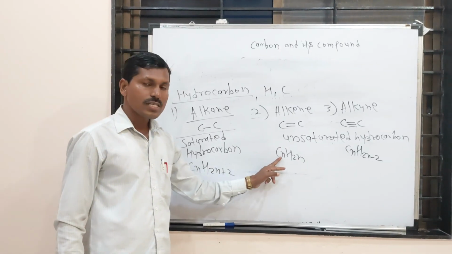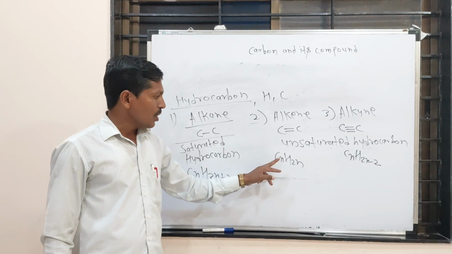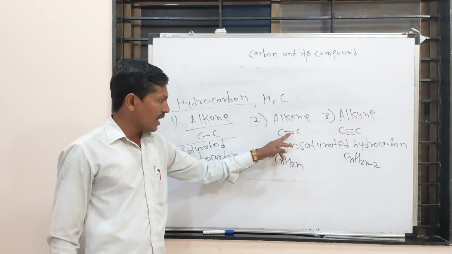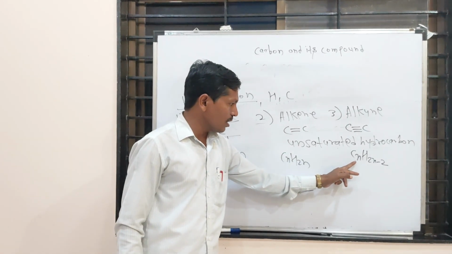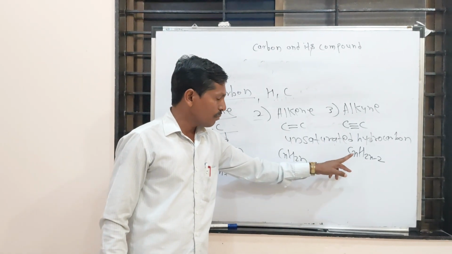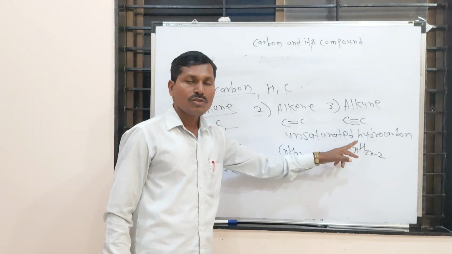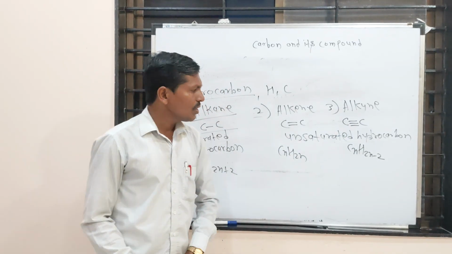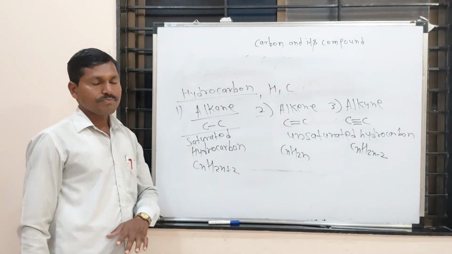Again here, n is nothing but the number of carbon atoms. If we know the number of carbon atoms, by using this formula we can find out how many hydrogens are present in the alkene or alkyne. So these are the general formulas for the alkane, alkene and alkyne.